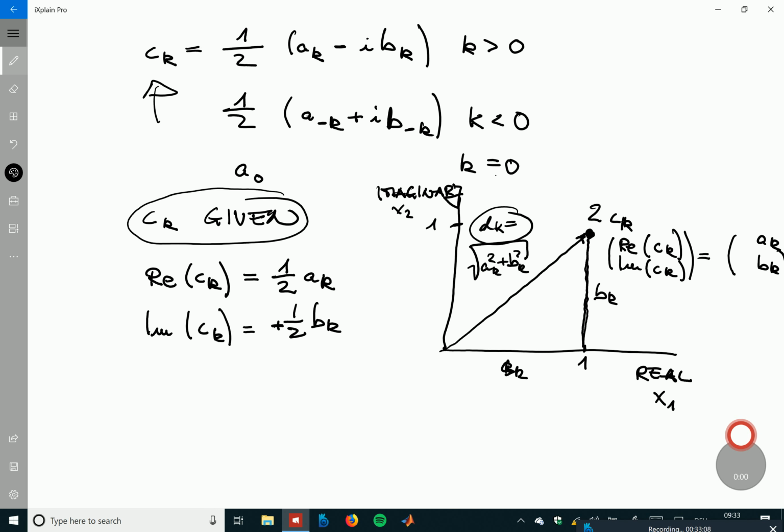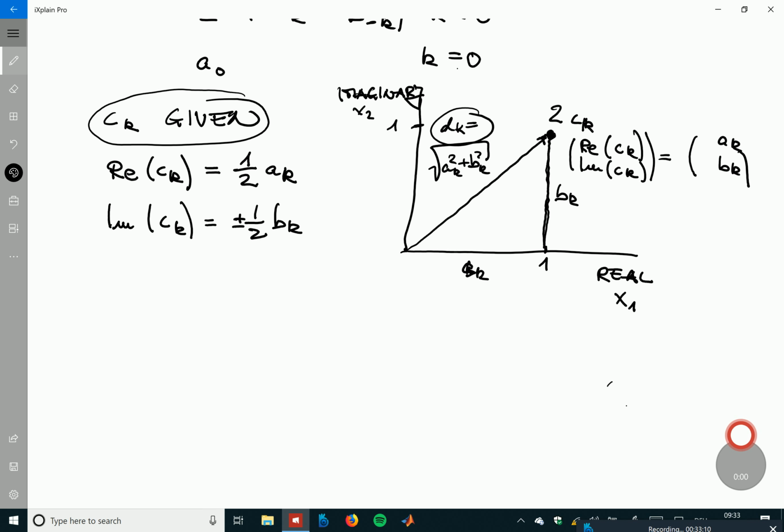And the other thing is, of course, the angle. So this angle can be computed. We call it now already phi k.